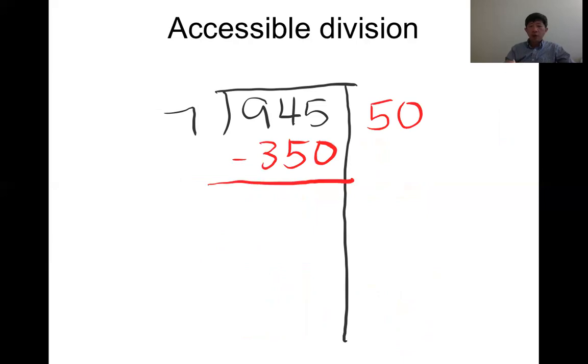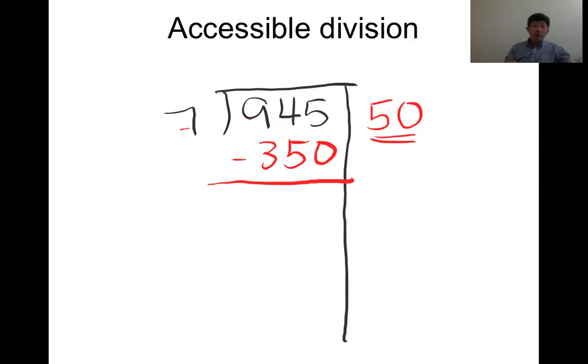As long as you fill in a number and the product is less than 945, we still can do it, okay? It's not like a long division, where you have to put exactly the number there, right? Okay, you can be more flexible. You can fill in 100, you can fill in 50, more flexible.